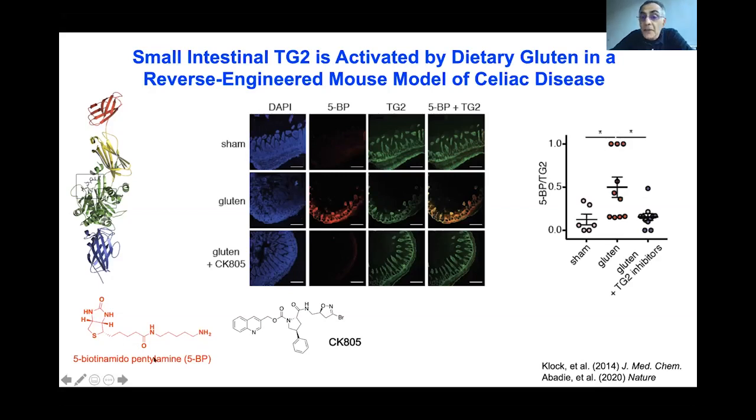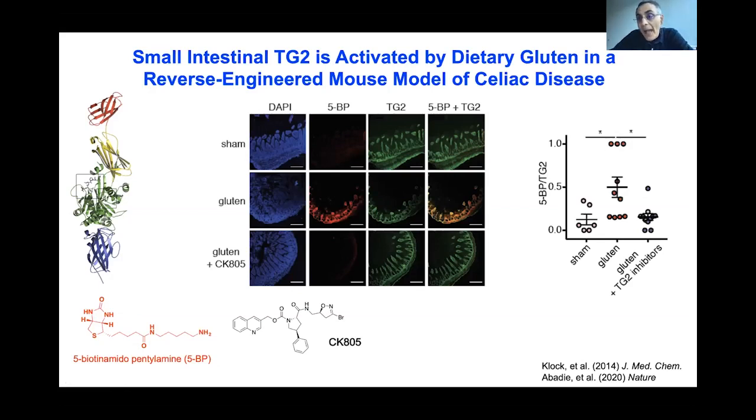selectivity. Another key molecule that had to be engineered was a probe to visualize TG2 activity in the gut of a mouse model, or perhaps someday even a human patient, because TG2 by itself is inactive in the healthy gut.